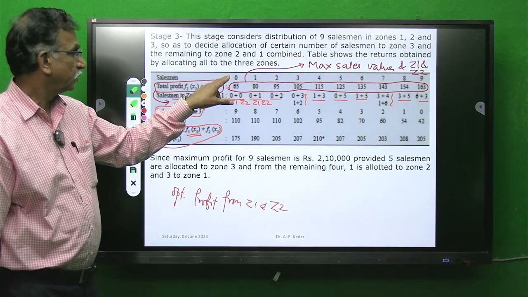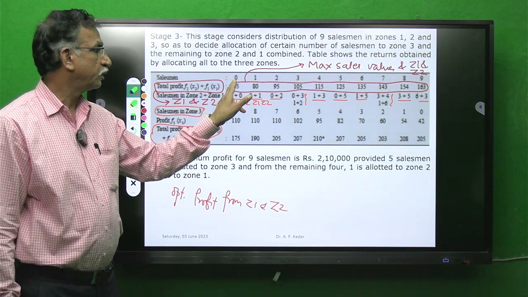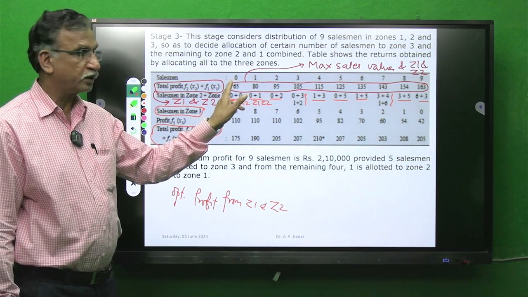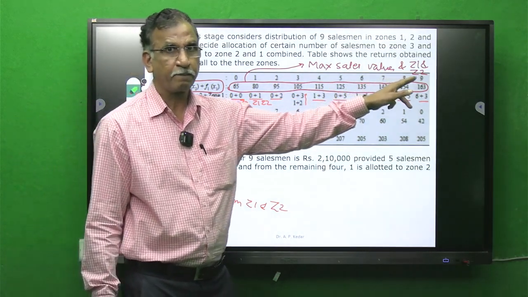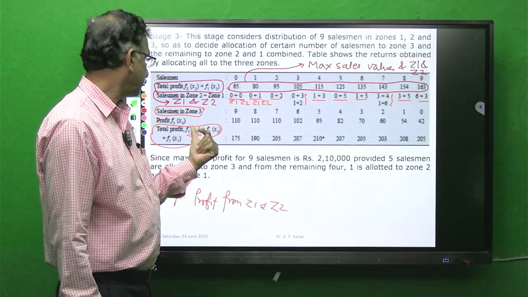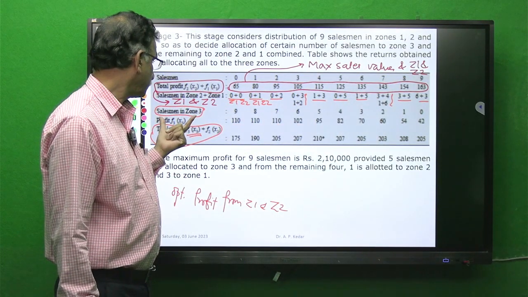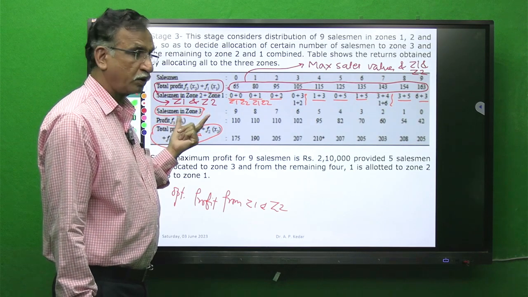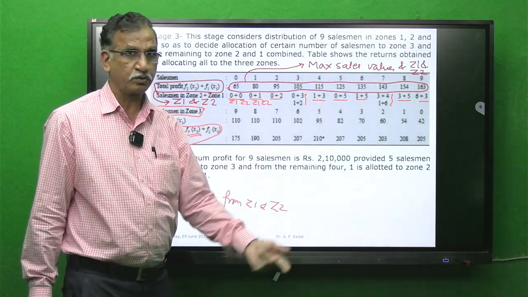See here, the number of salesmen were written from 0 to 9, and here for zone 3 we have written salesmen from 9 to 0.